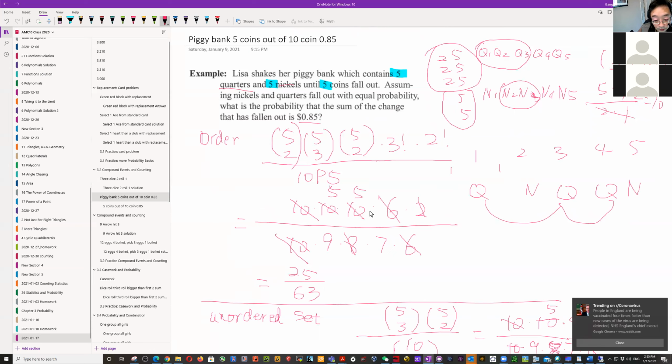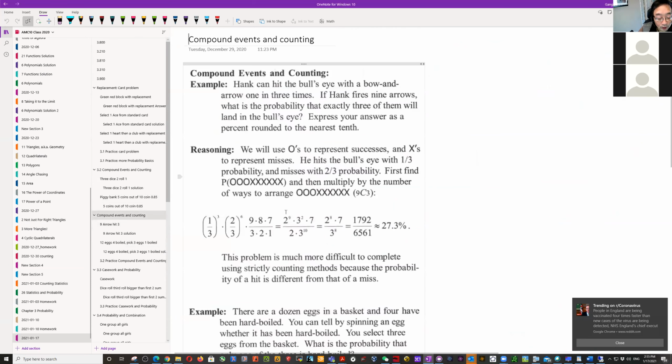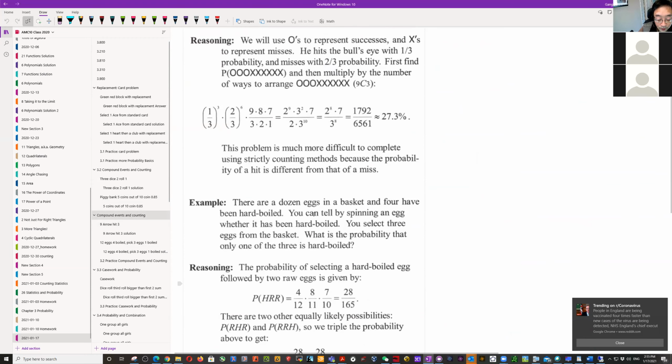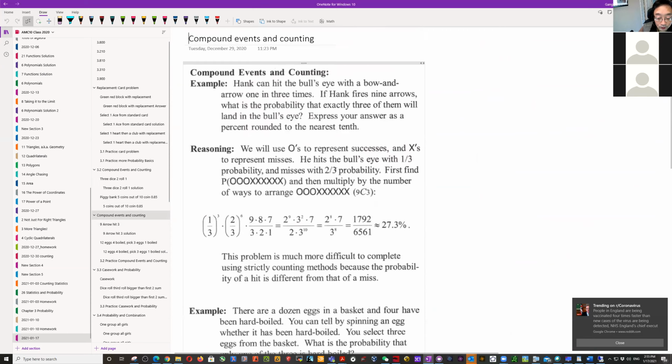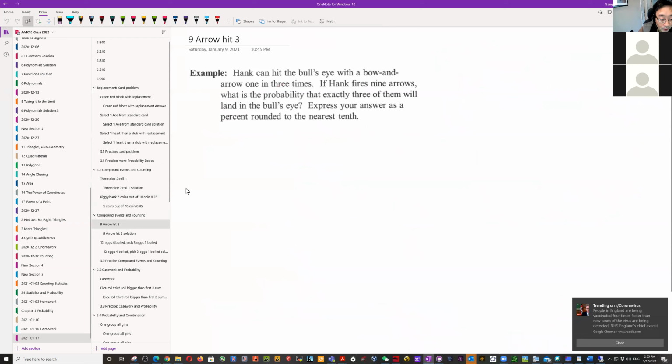Just trying to show that it's really important to do this. And so this is a compound event and counting. And compound event is actually quite an interesting topic.